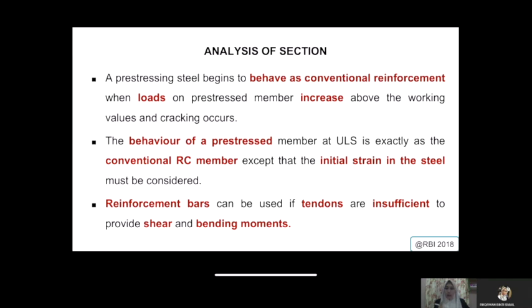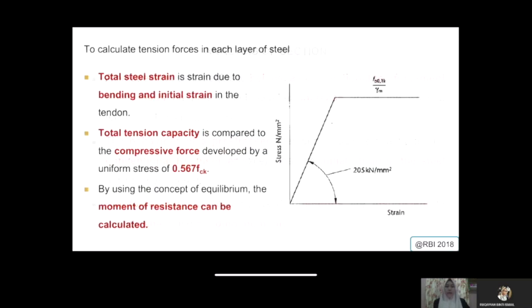If our tendon is not sufficient, then we have to provide additional reinforcement bar. We provide bars to cater for the moment, and shear links to cater for shear.